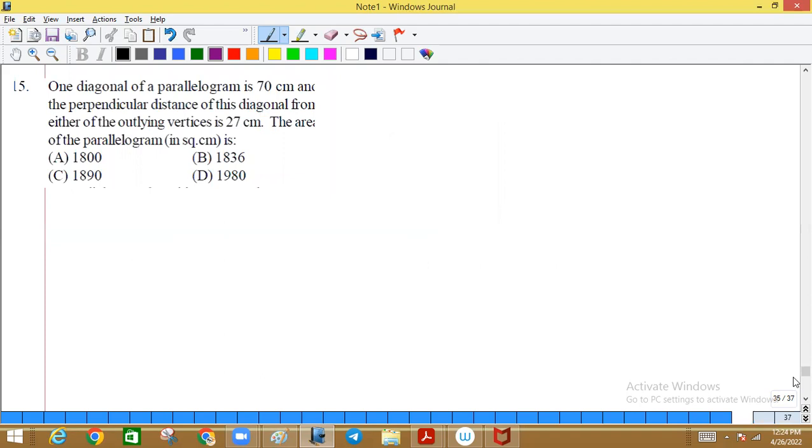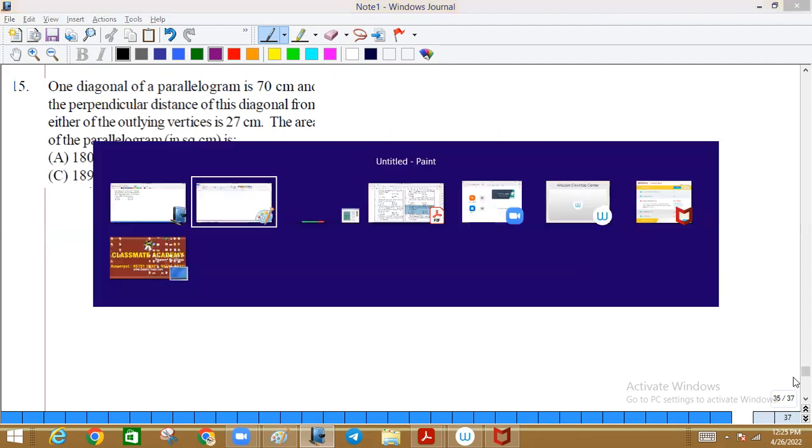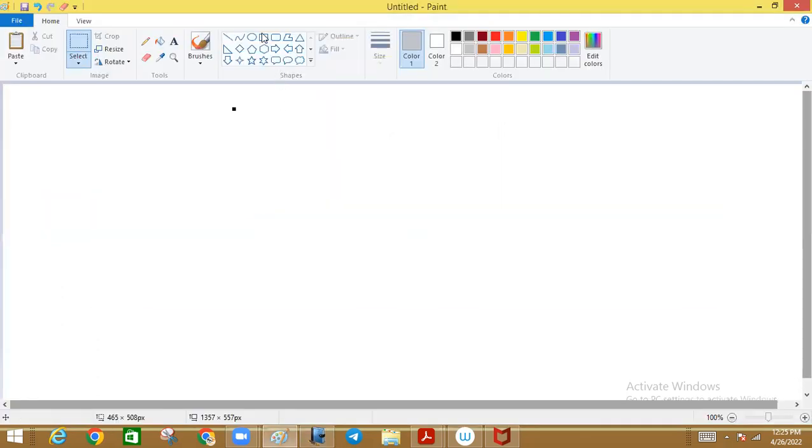One diagonal of the parallelogram is 70 and the perpendicular distance from the diagonal to either of the outlying vertices is 27. The area of the parallelogram is... you draw the parallelogram.